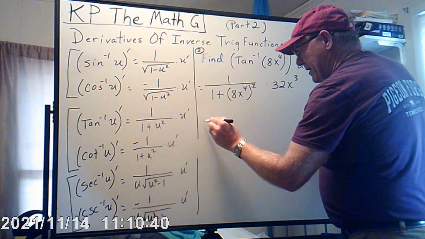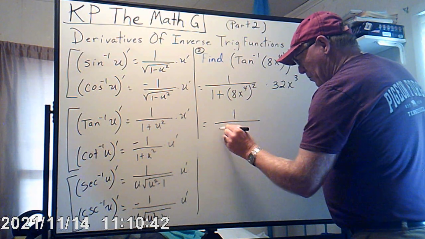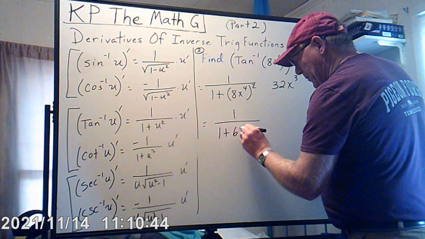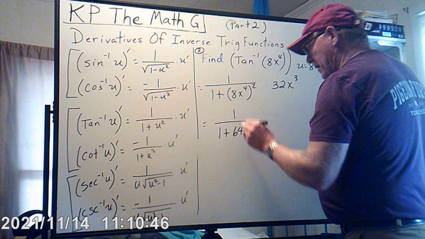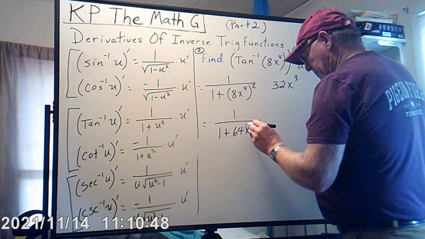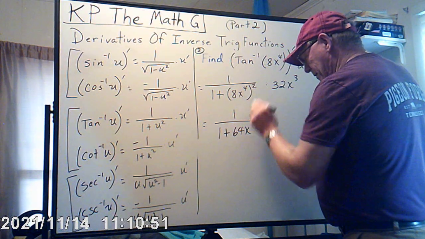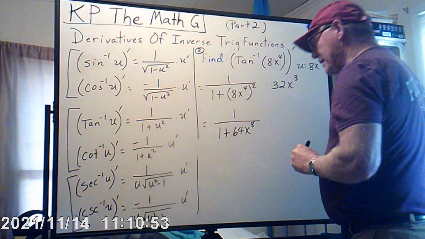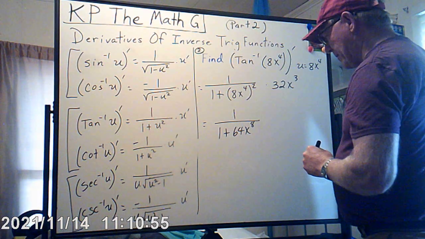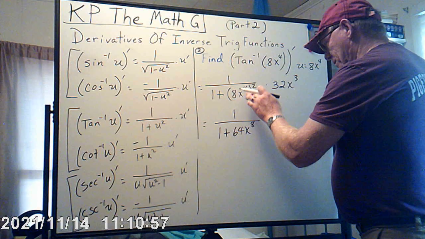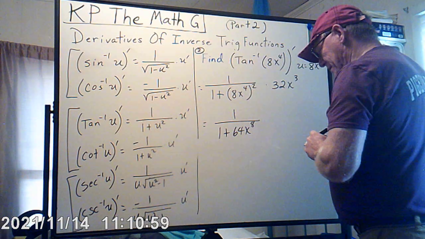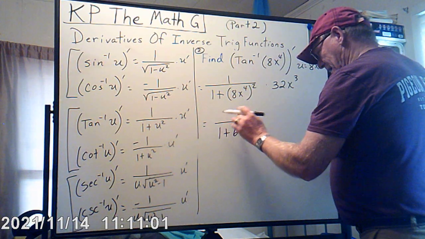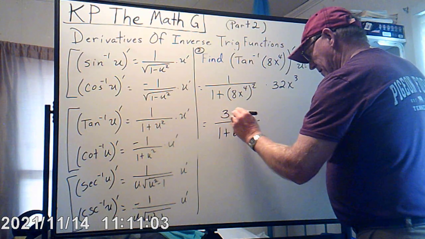So that does equal 1 over 1 plus 64x to the 4th plus, well, 4 times 2 is 8 here. Okay, like that. 8 squared is 64, and then 4 times 2 is 8.